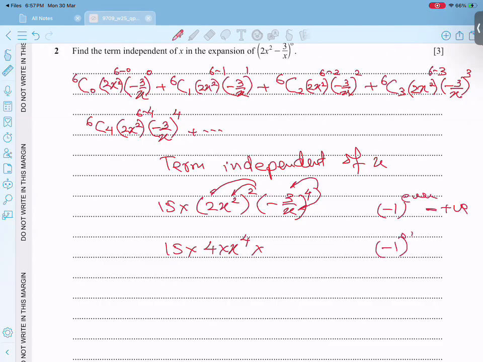And when we have an odd power, it gives us a negative answer. So this negative will eliminate and we get 81 over x to power 4. They will cancel out, and 15 times 4 times 81. Our answer is 4860. So the term independent of x is done, and I hope the concept of the question is completely clear.